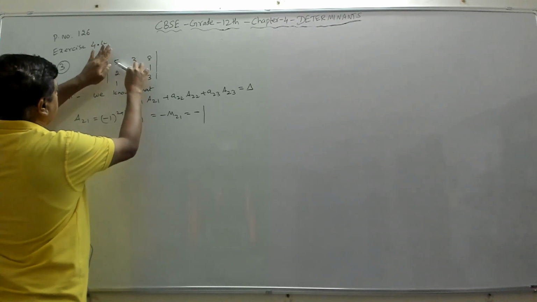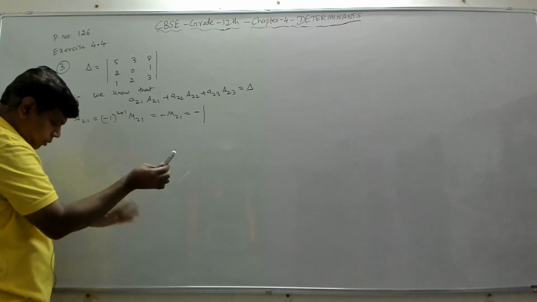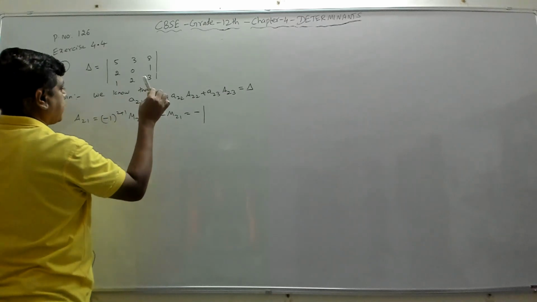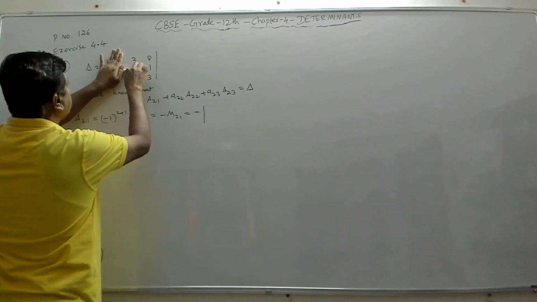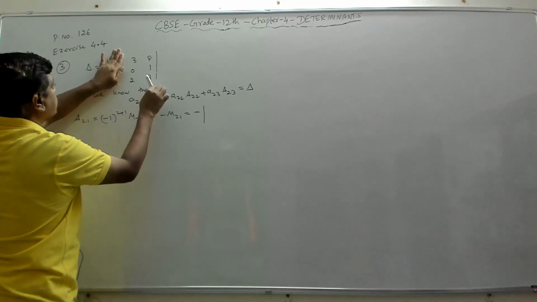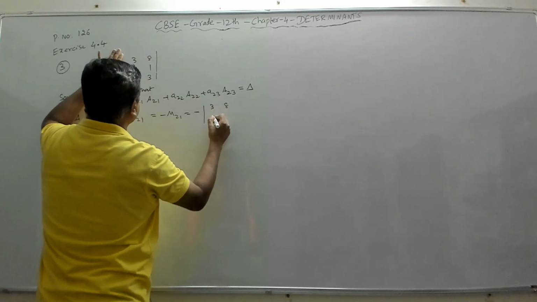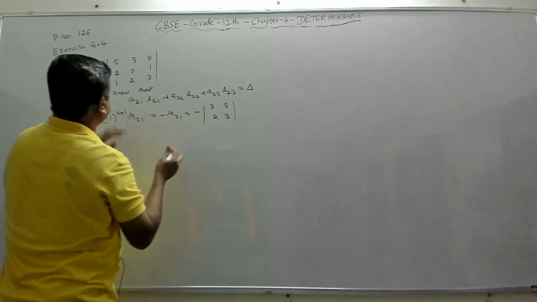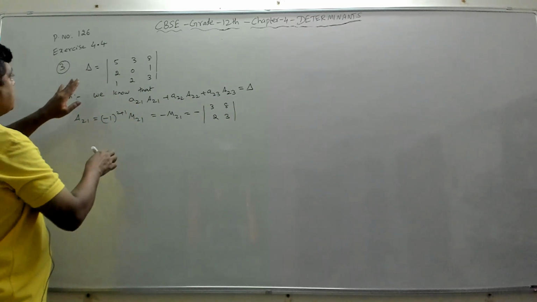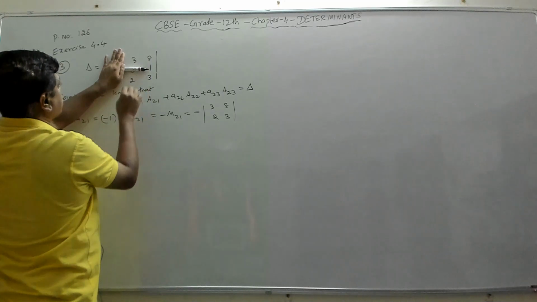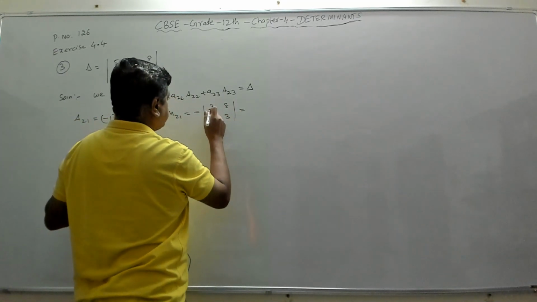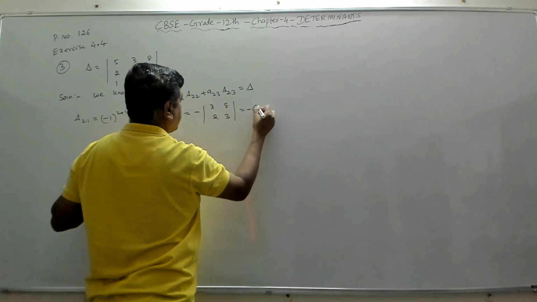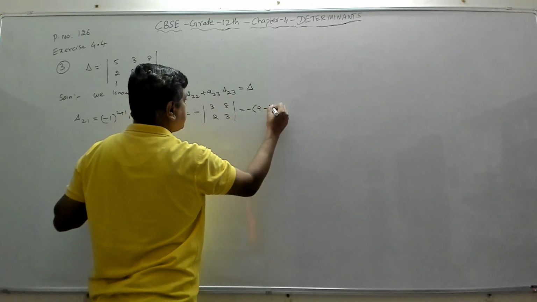Close second row and first column, so you get 3, 8, 2, 3. That will be equal to minus of 3 3s are 9 minus 2 8s are 16. You get 7.